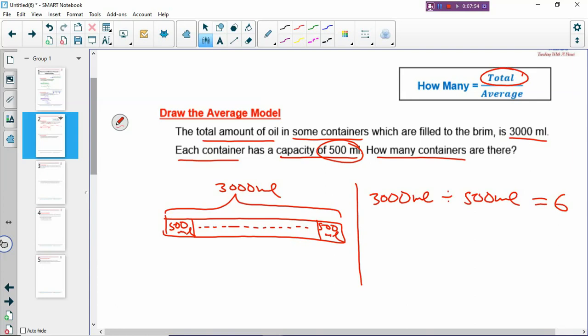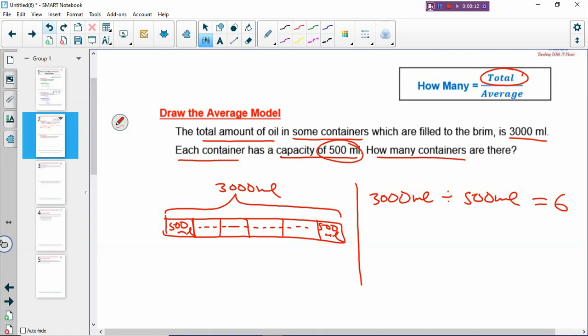Which means that you cut into 6 boxes in this model. So you have 1 box already, 2, 3, 4, 5, and 6.